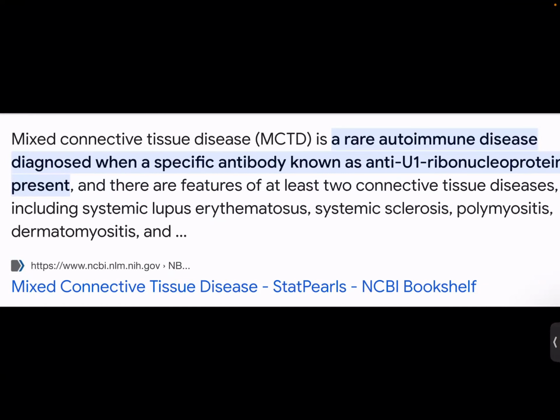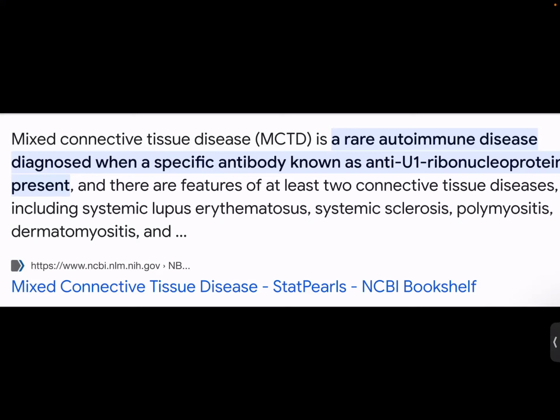Mixed connective tissue disease is a rare autoimmune disease diagnosed when specific antibodies, the anti-U1 ribonucleoprotein antibodies, are present. If these antibodies are present, this is diagnostic of mixed connective tissue disease, and there are features of at least two connective tissue diseases.